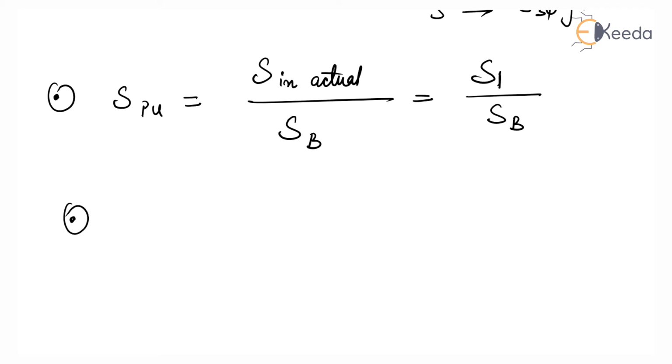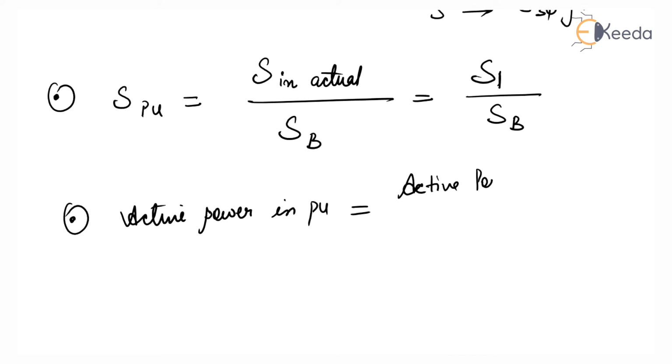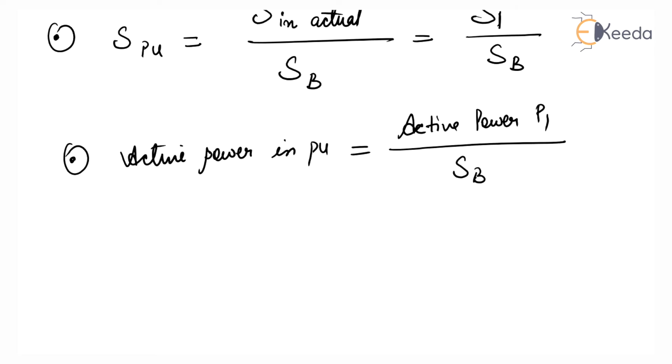Now active power in per unit is equal to the actual active power P1 upon S base.